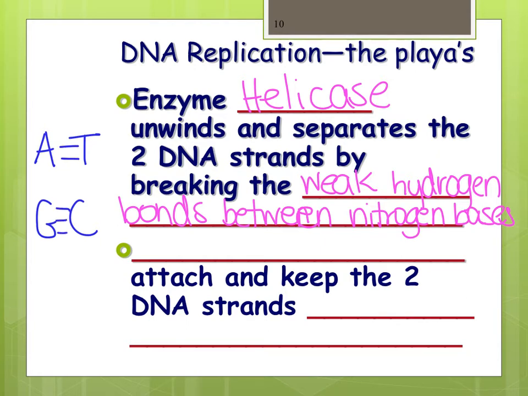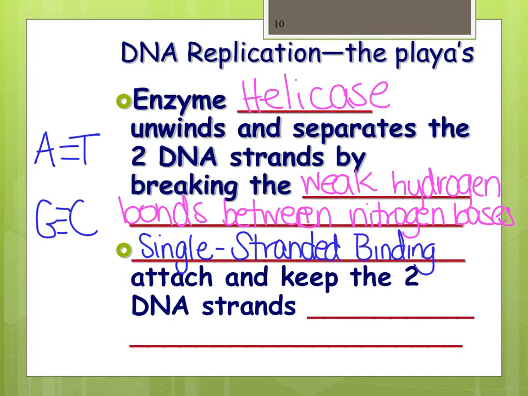Perfect. The next enzyme is single-stranded binding protein. It doesn't end in ase, but you know it's a protein and it's doing a job. So we have single-stranded binding proteins. What's the normal form of DNA?